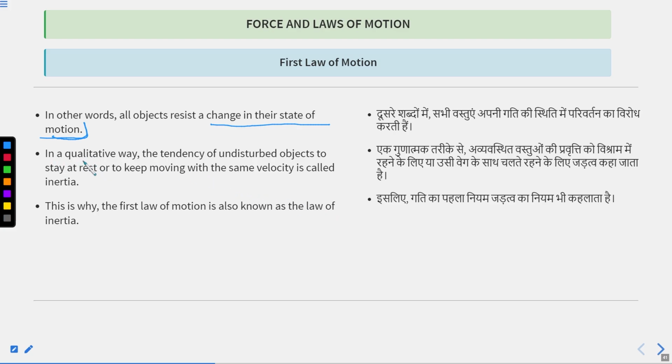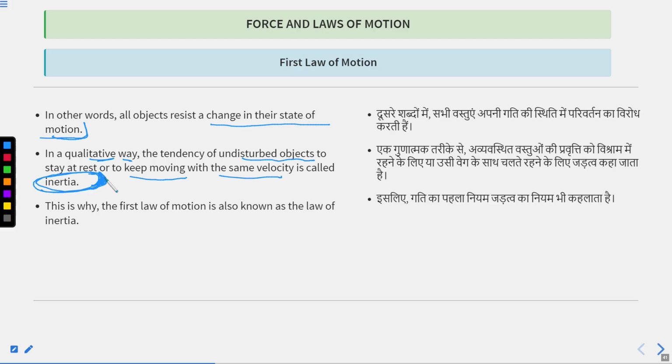In a qualitative way, the tendency of an undisturbed object to stay at rest or to keep moving with the same velocity is called inertia. So we have learned a new term, which is inertia. It is the property or tendency of an object to stay in its same state, and this tendency is known as inertia. If this pen is in a rest state, it wants to stay in the rest state.